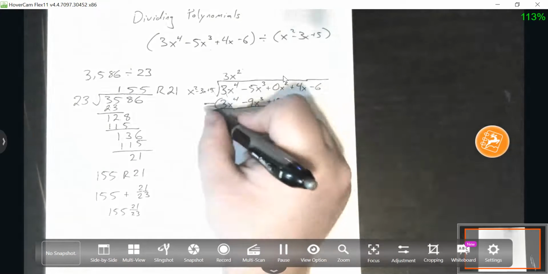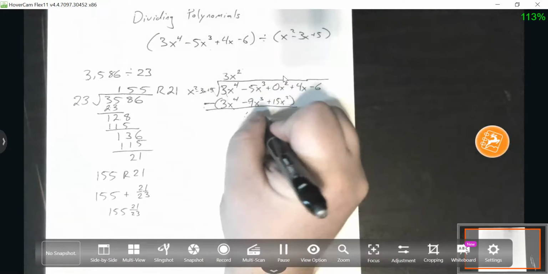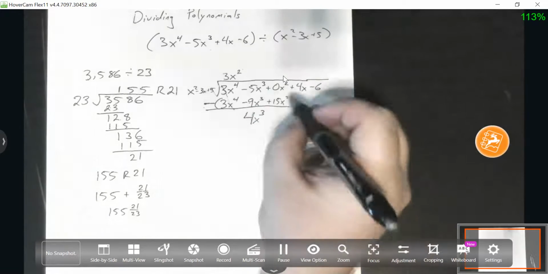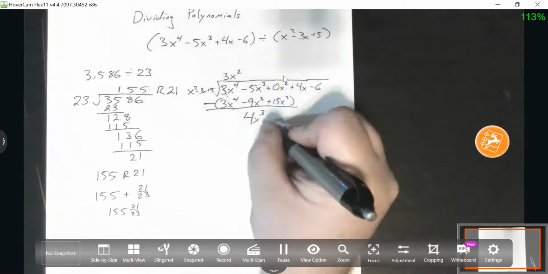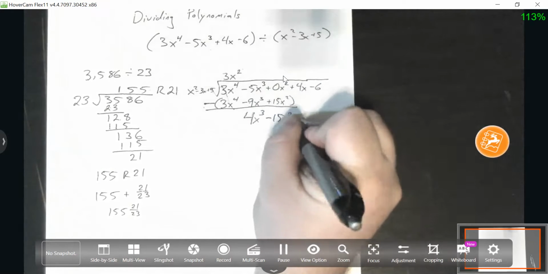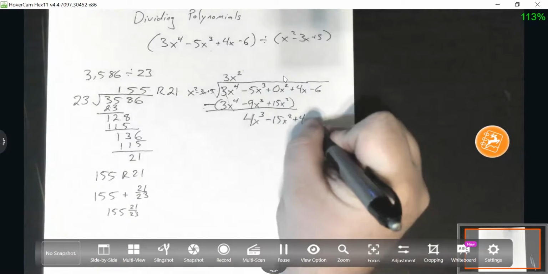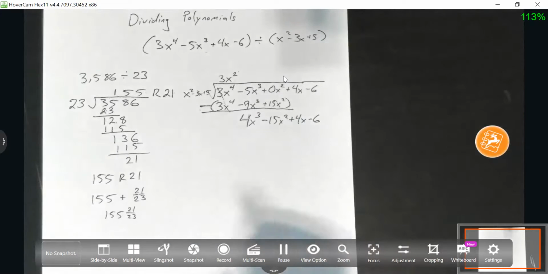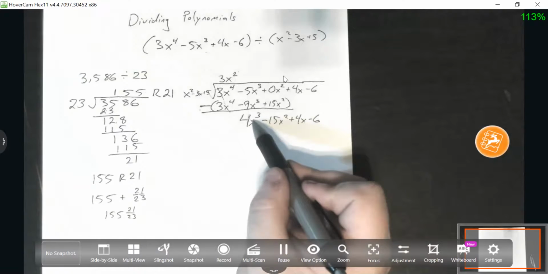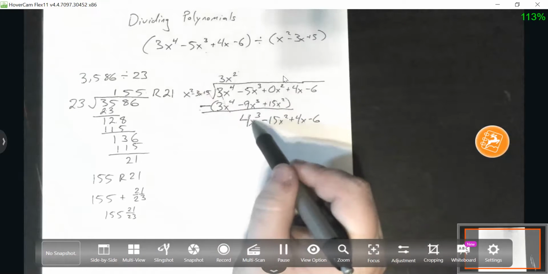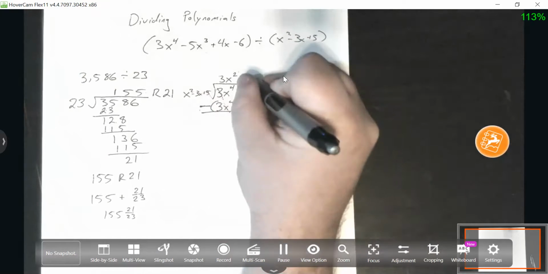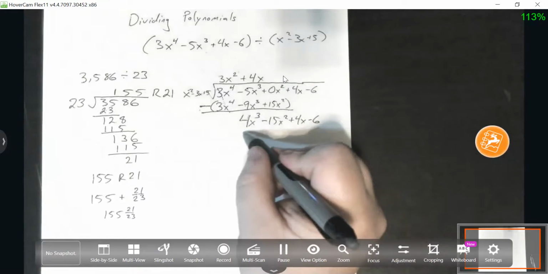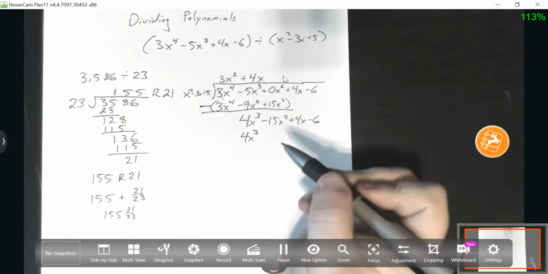Negative 5x cubed plus 9x cubed is 4x cubed. 0 minus 15x squared is minus 15x squared, and then I can bring down the rest. Now I do it again. We have a 4x cubed. Does x squared go into it? Yes, 4x times, because 4x times x squared is 4x cubed.